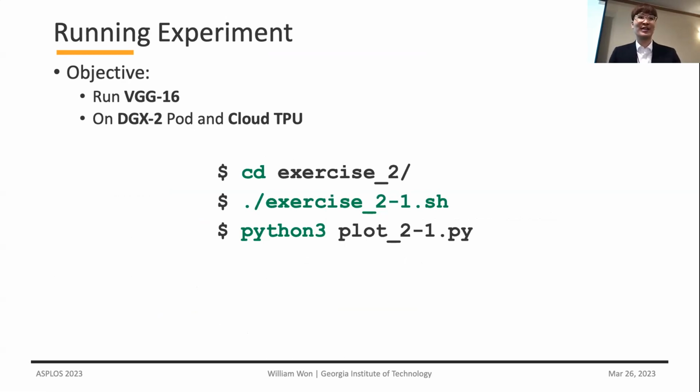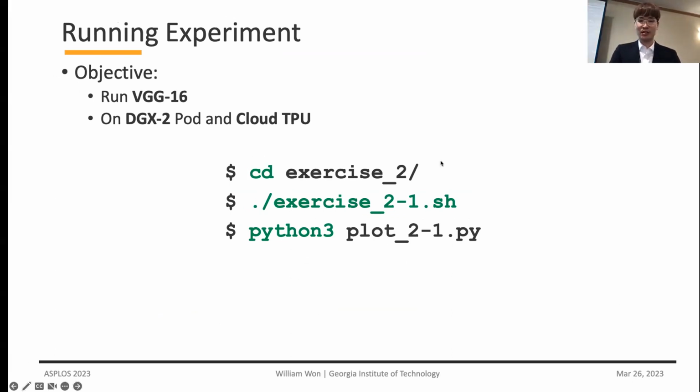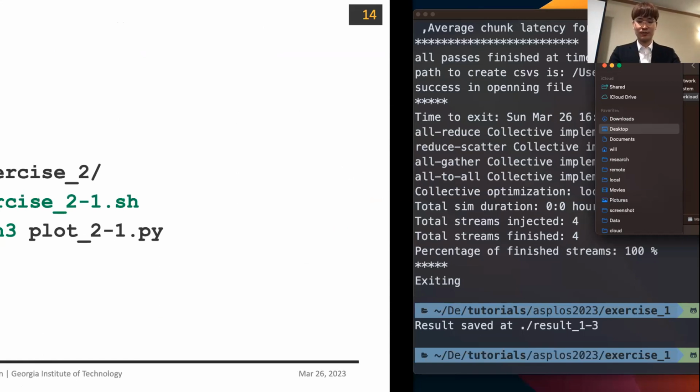So now that every script and corresponding input file is ready, we can just go to the exercise 2 folder and run this VGG16 workload. So let me do it here. CD exercise 2.